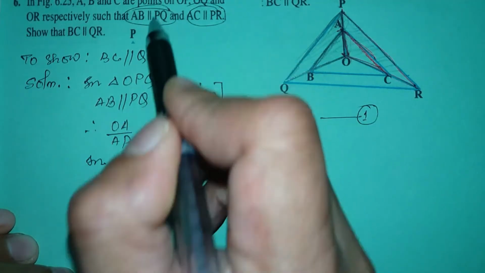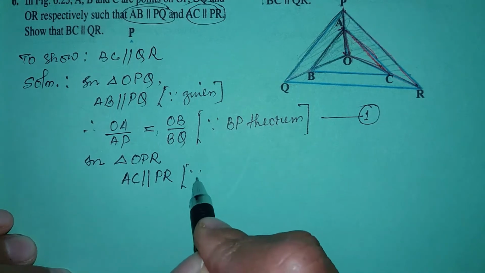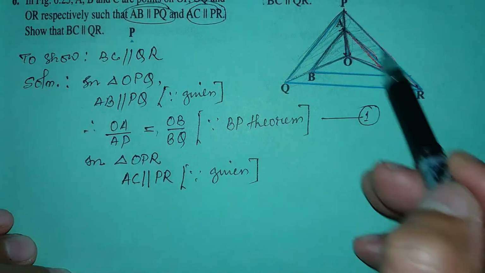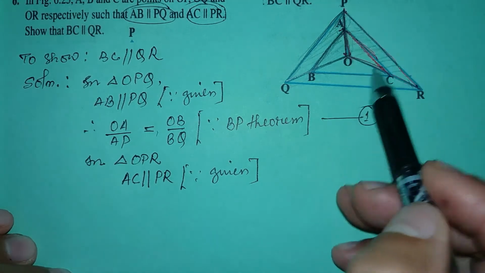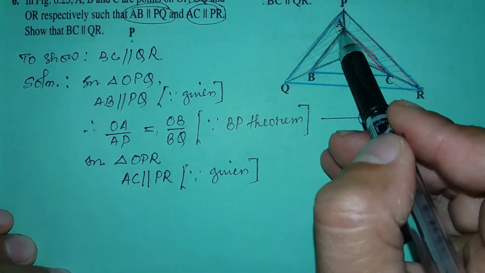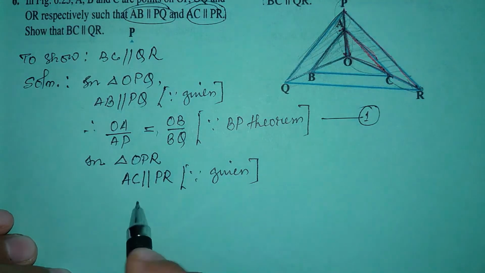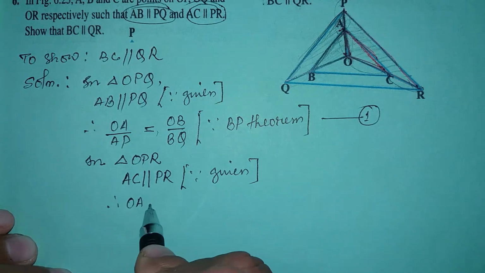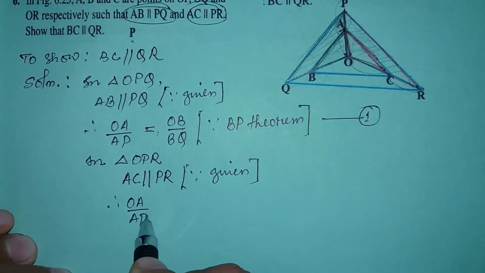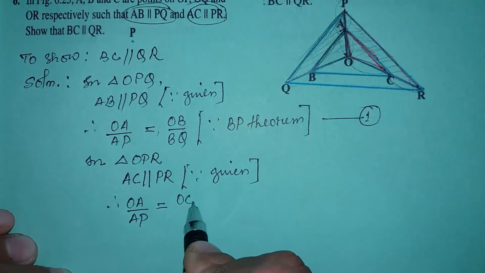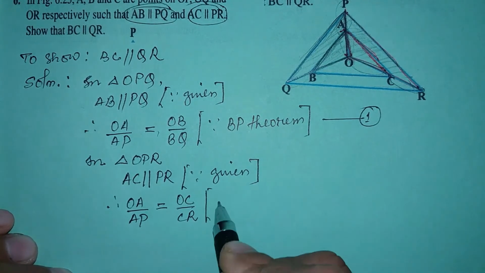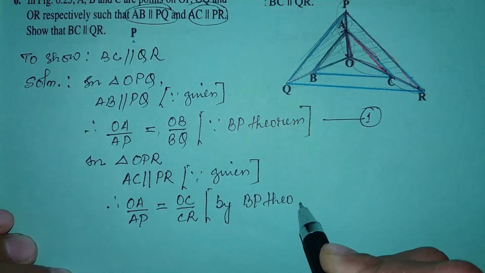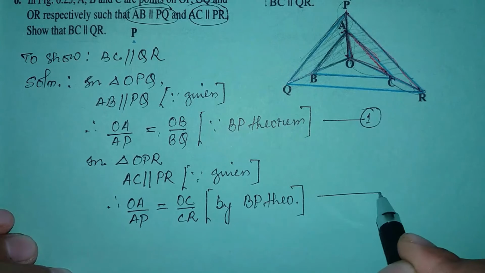This is given here in the question. Now, since these two lines are parallel, we can say OA by AP is equal to OC by CR. This is by the basic proportionality theorem. Let's call this 2.